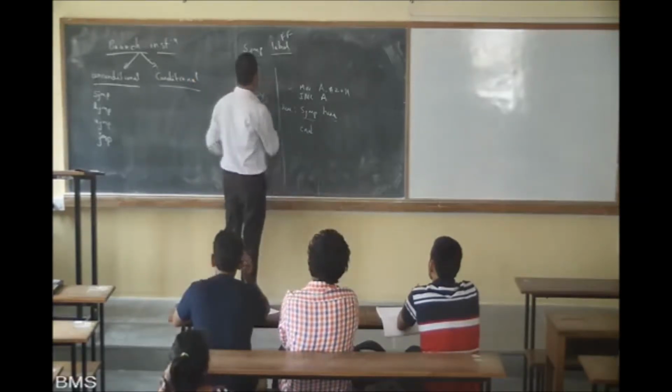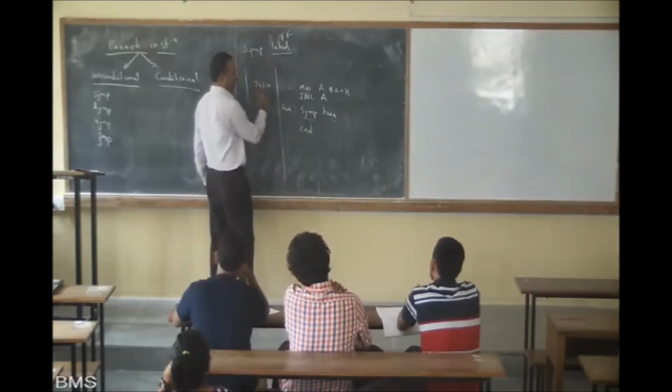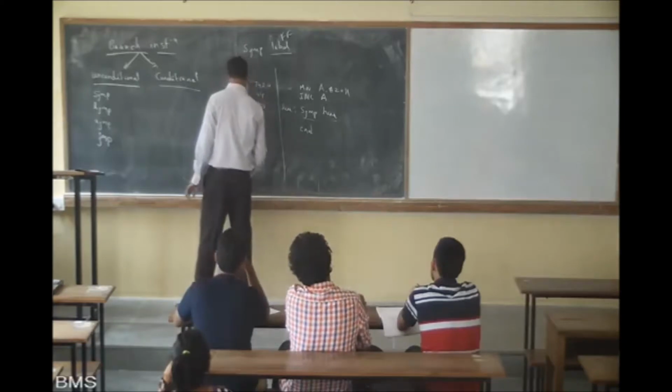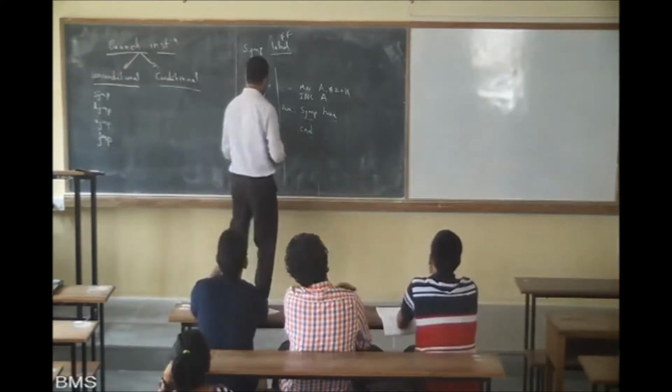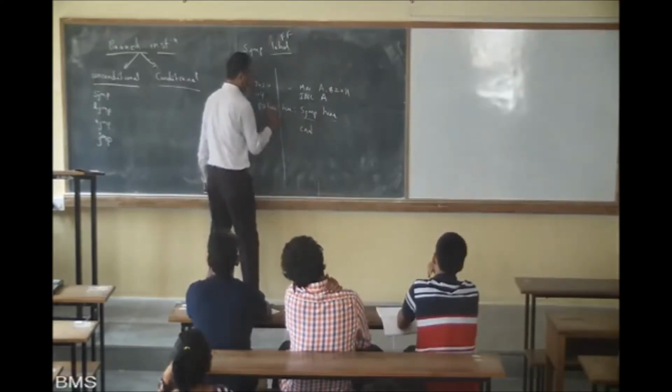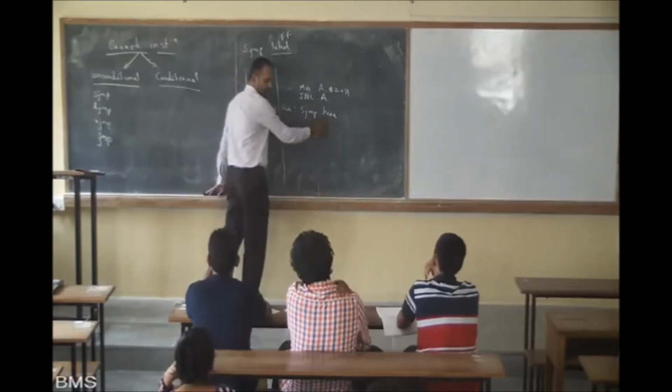So I can write it as 7420. In this, 74 is the instruction, 20 is the data. In this 80 I can write here itself. 80 is the instruction, here is the address.